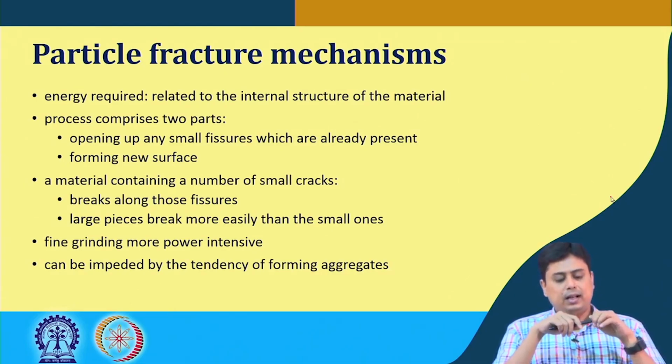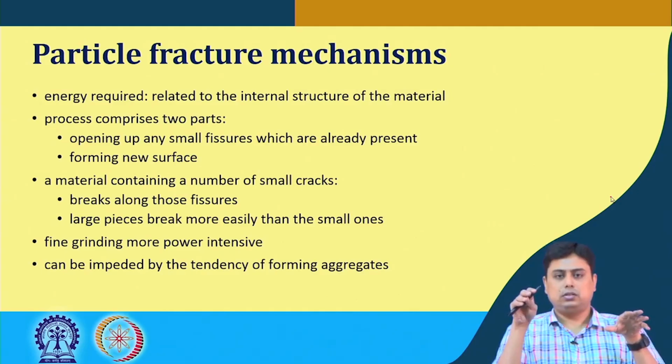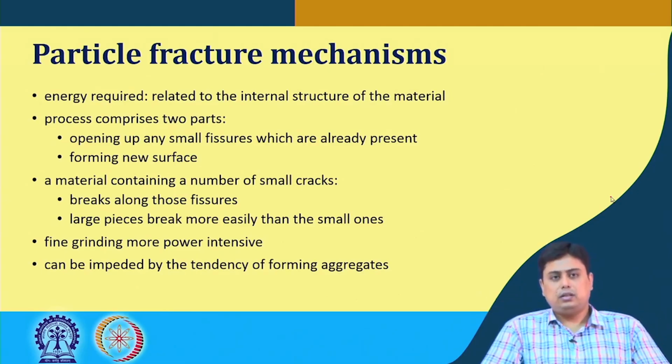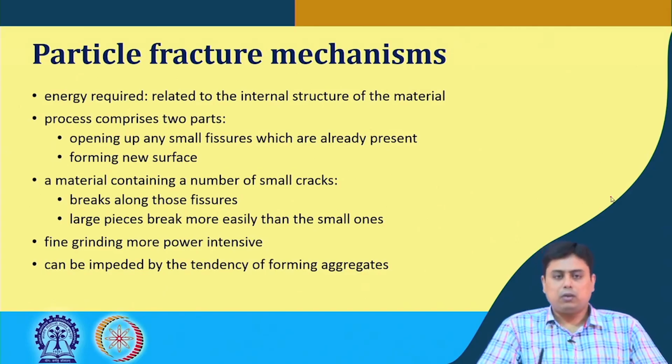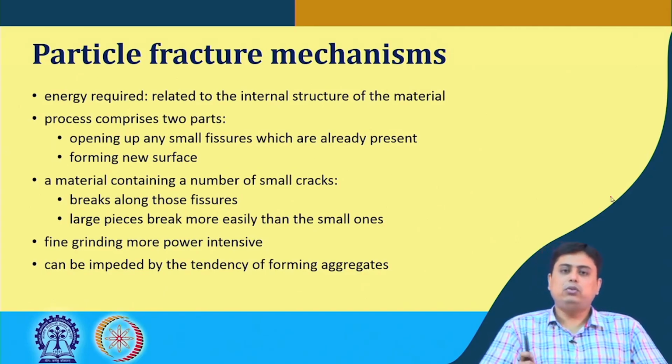So, a material containing a number of cracks breaks along those fissures or those cracks, and the large pieces break more easily than the smaller ones, and the smaller ones, if we try to grind them, require more and more power.